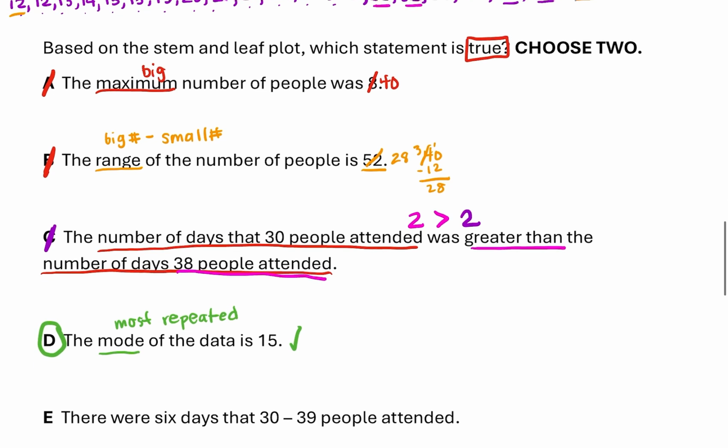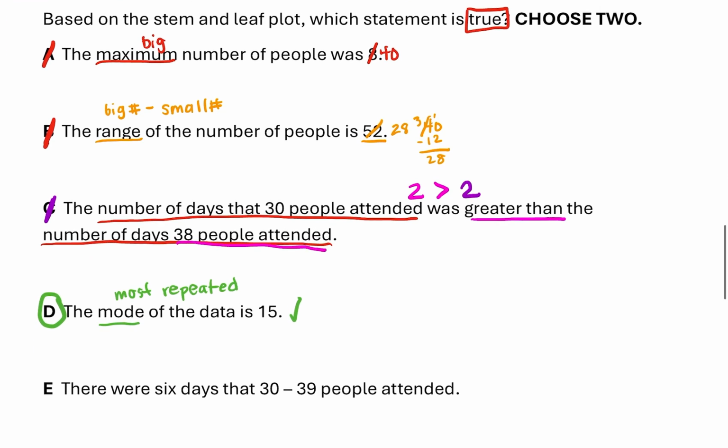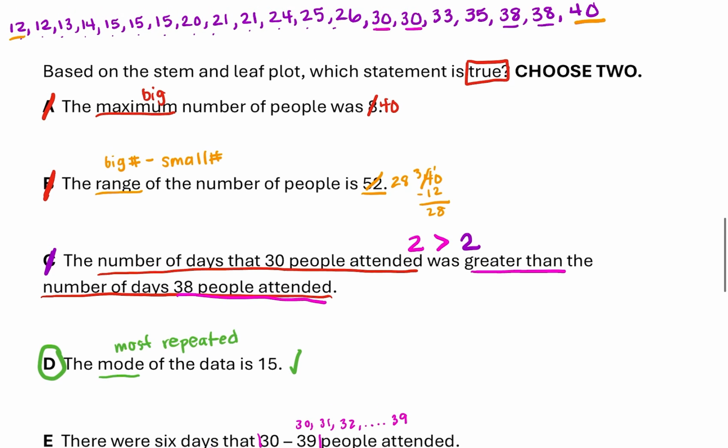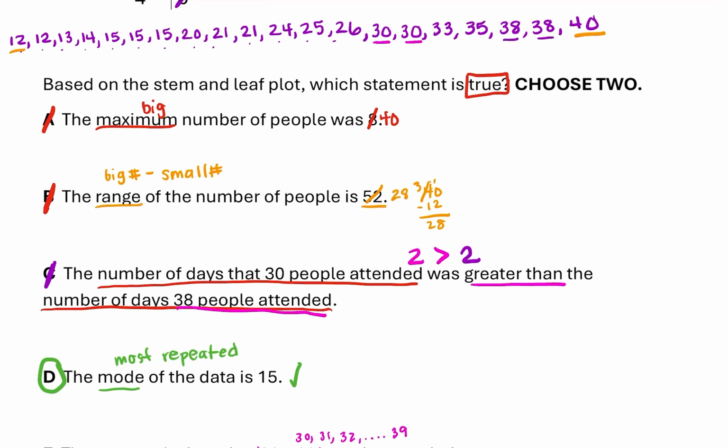All right. And then our last one, there were 6 days that 30 to 39 people attended. So we are looking at the numbers 30 through 39. So that'd be 30, 31, 32, all the way to 39. So let's look at our list and let's put a box around those.